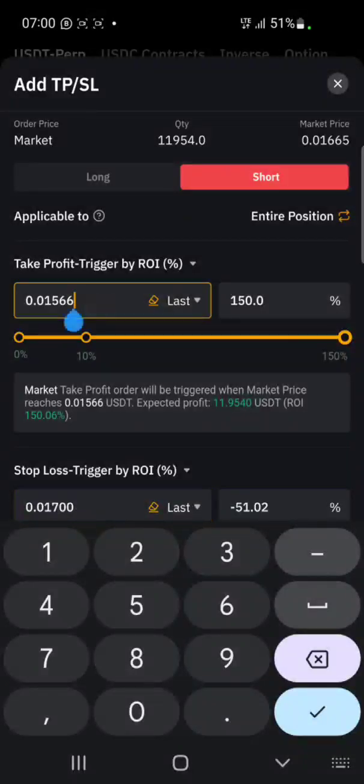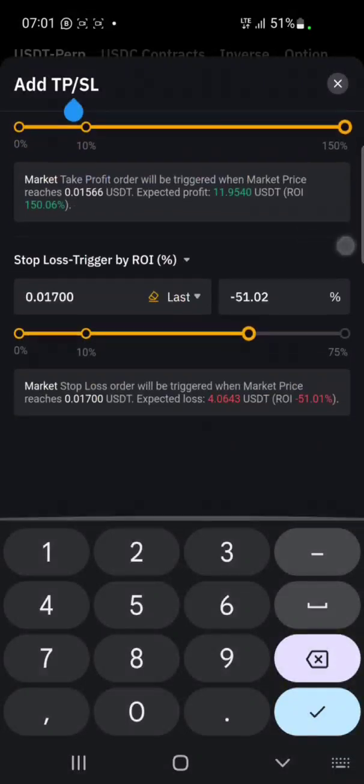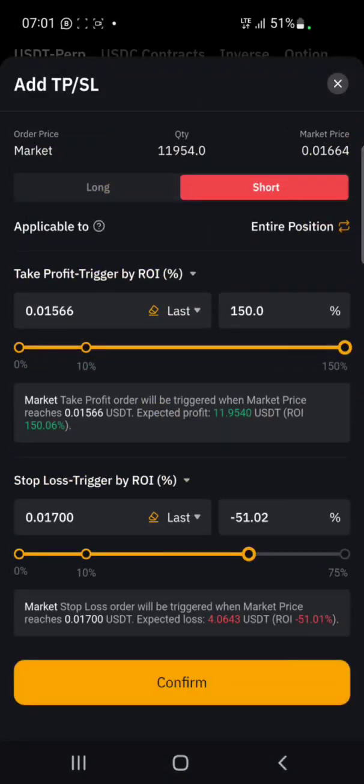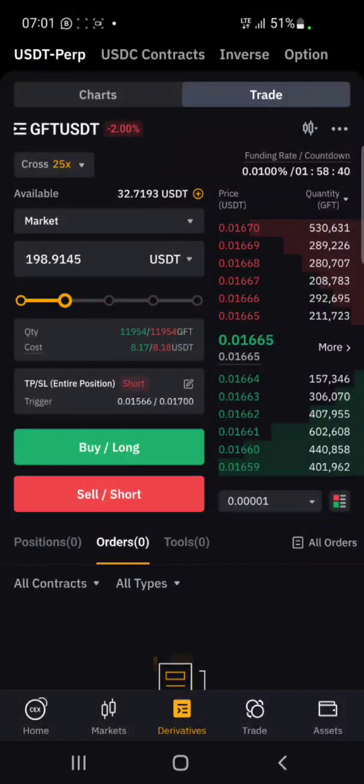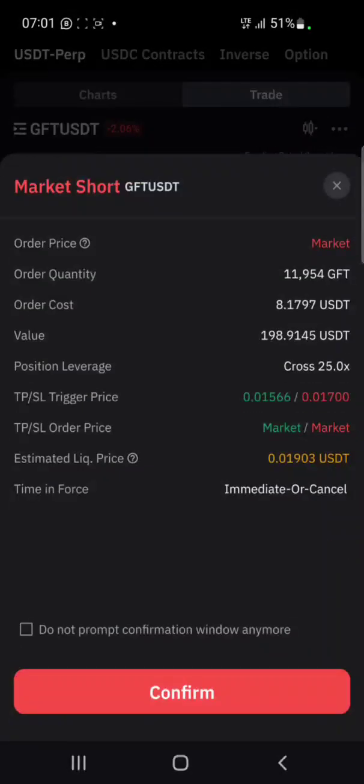Okay, 0.1566, I'll be making $11. I'm losing $4. So let's see, let me place this trade. I want to risk this just because of this video. Confirm, then sell, right?